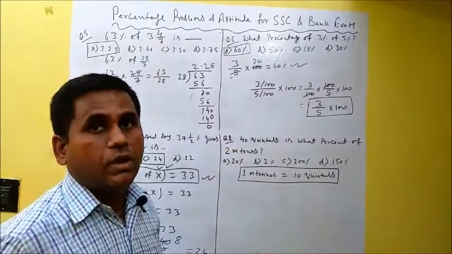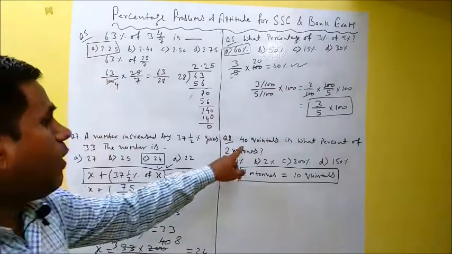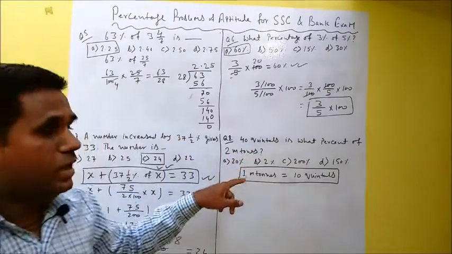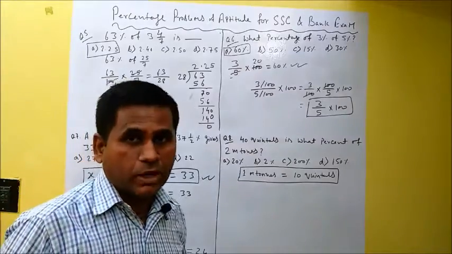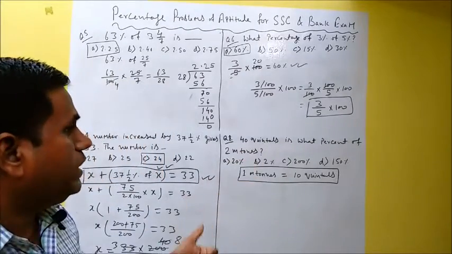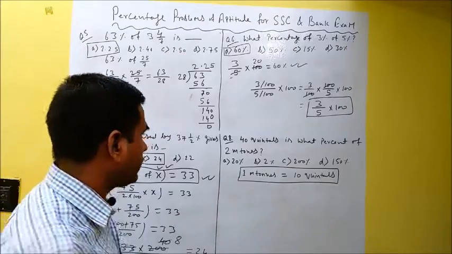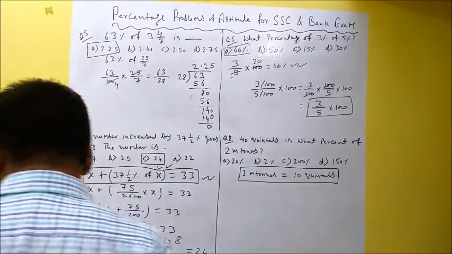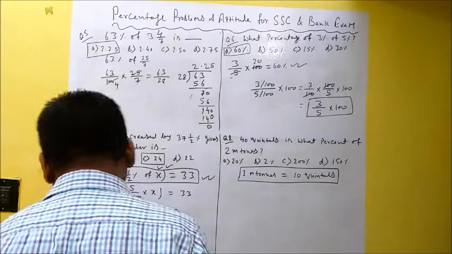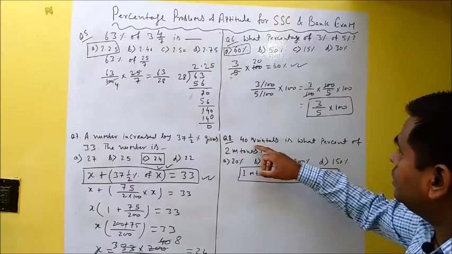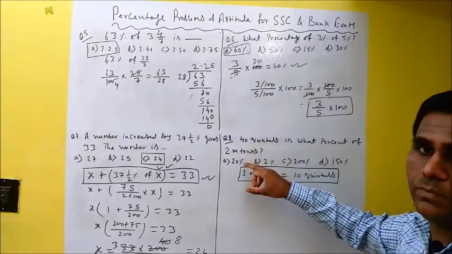Question number 8. Question number 8 says: 40 quintals is what percent of 2 m tons? M is metric tons. Okay, so 40 quintals is what percent of 2 metric tons? Here you can see the unit is not the same.